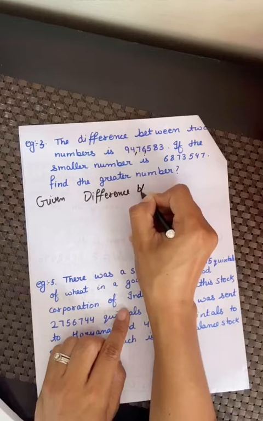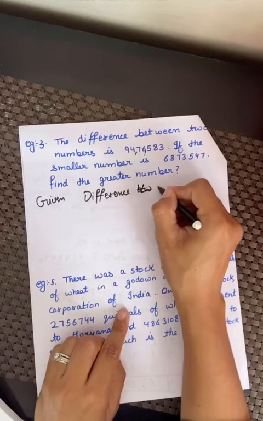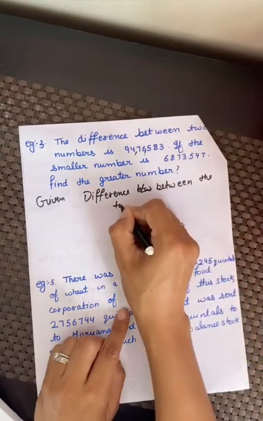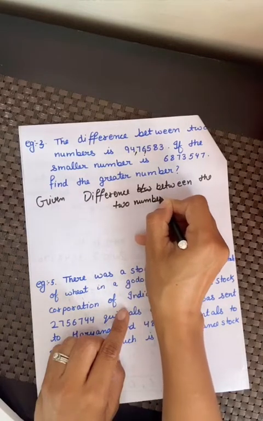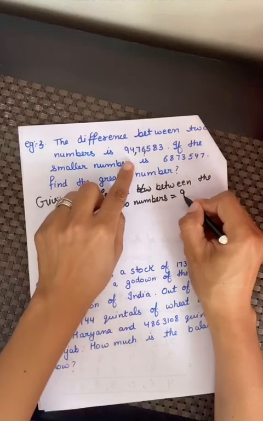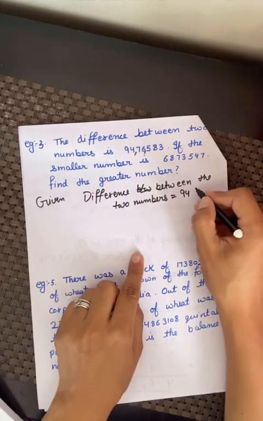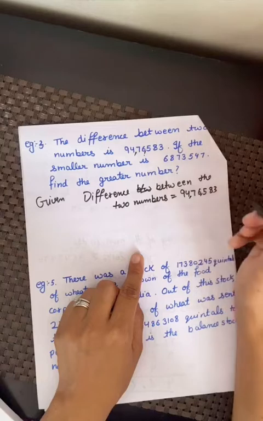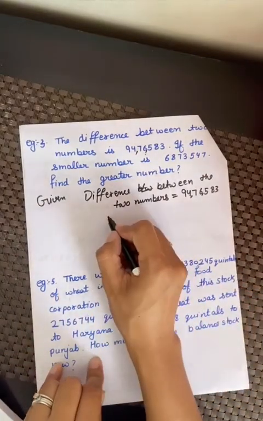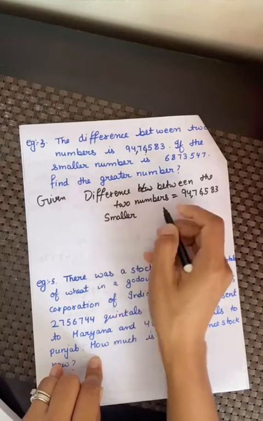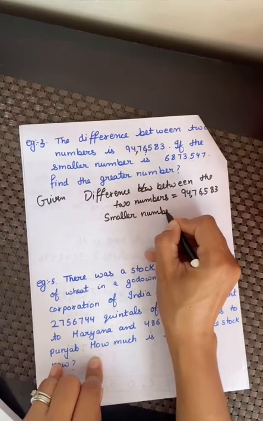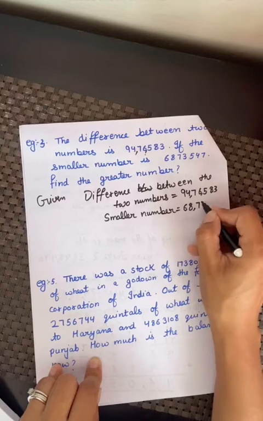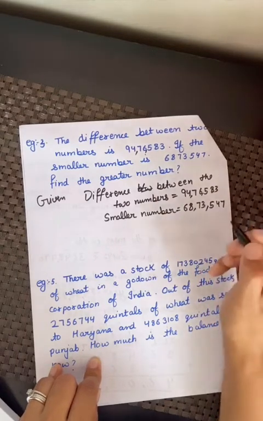I'm writing it in full over here. The difference between the two numbers is given as 94 lakh 76,583, and the smaller number is 68 lakh 73,547.